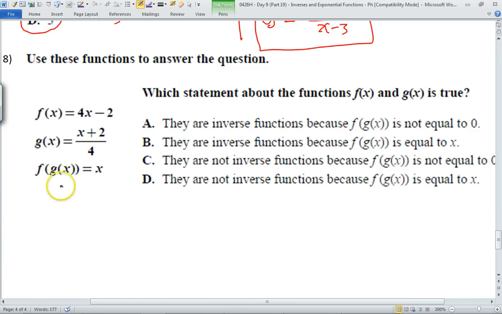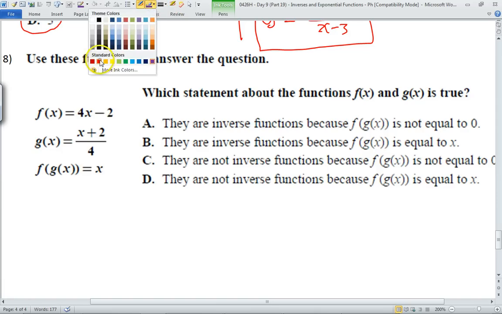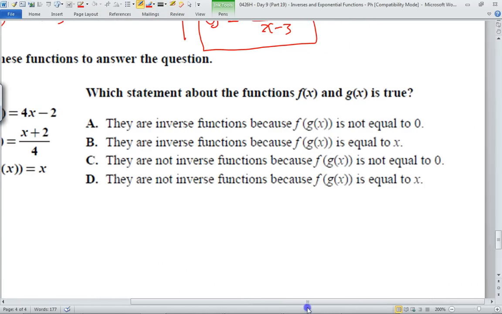Well, let's just check and make sure that's true. If that's true, then they're showing that they are inverses, because if you substitute one function inside of the other and you're getting x for a result, then that's how you know that two functions are inverses of each other. So which one of these says that? Let's see.